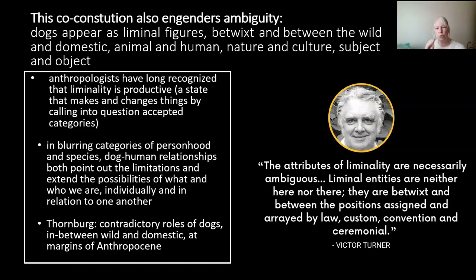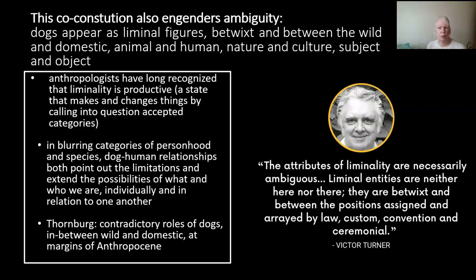Which has so long been a companion to humans that, again, it's almost hard to categorize them or to figure out where the human elements of the dog begin and the animal elements of the dog end, right? So that in-betweenness, that hybridity, that ambiguity is another really important theme and quality of dogs that inform the way that dogs and humans interact.